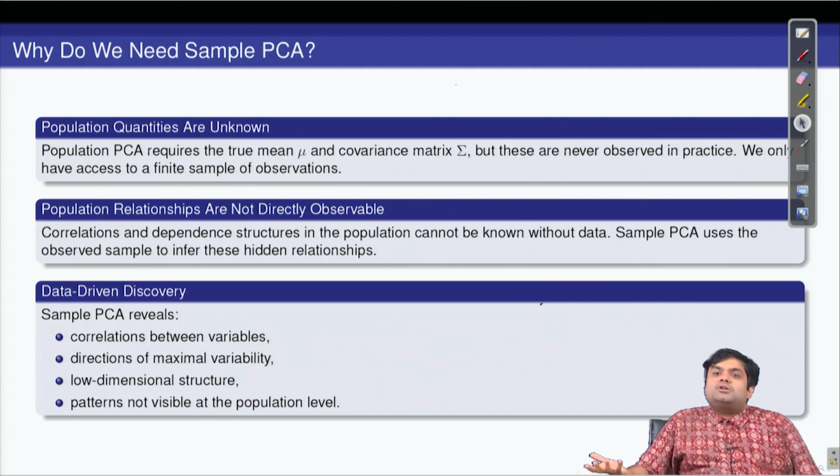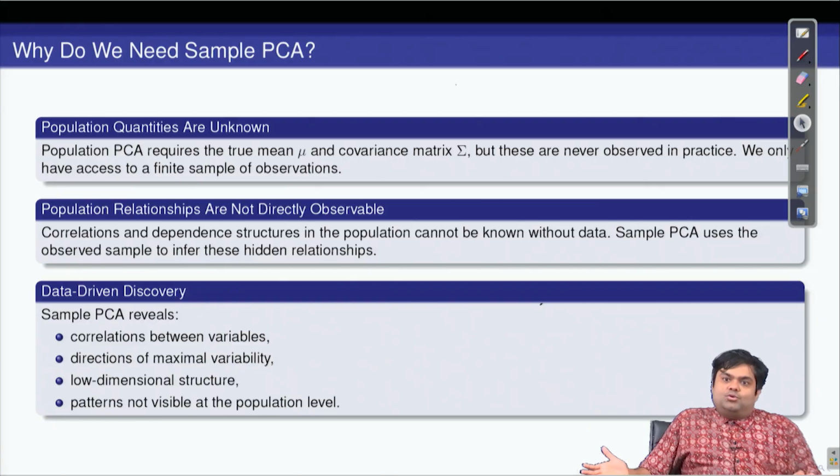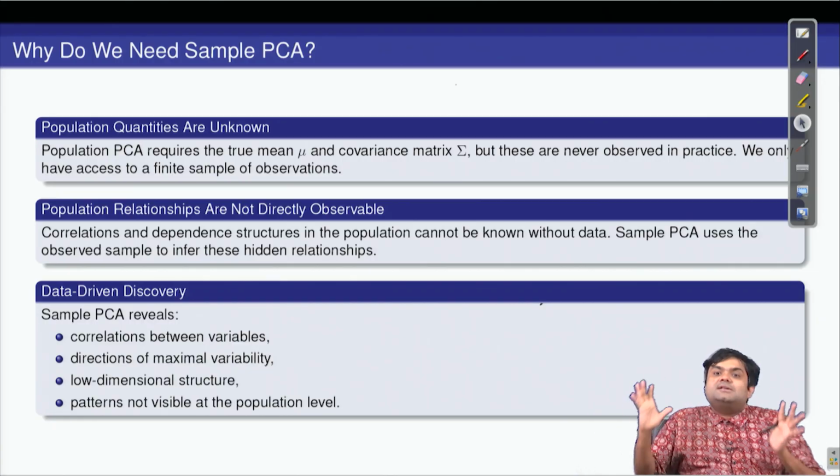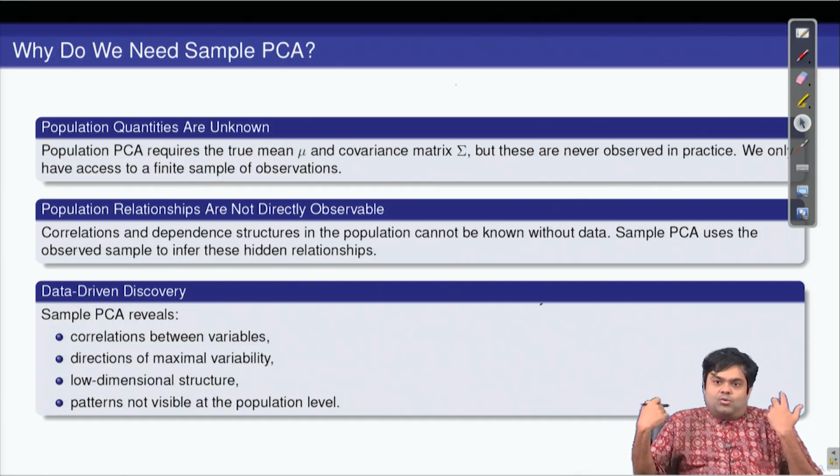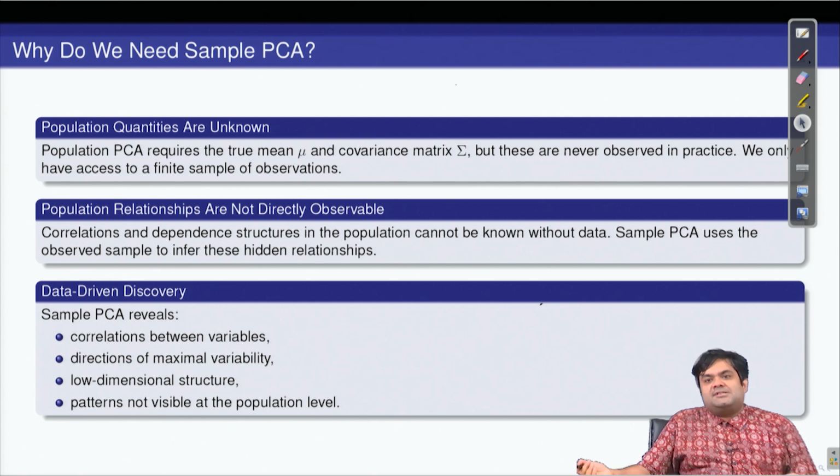So, you have to do dimension reduction, if needed, using whatever sample you have in your hand, hence sample PCA. Population relations are not directly observable, they have to be inferred. Modeling is basically modeling of a relation present amongst the variables in the underlying distribution.